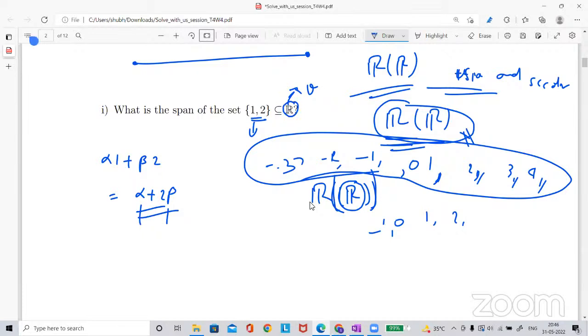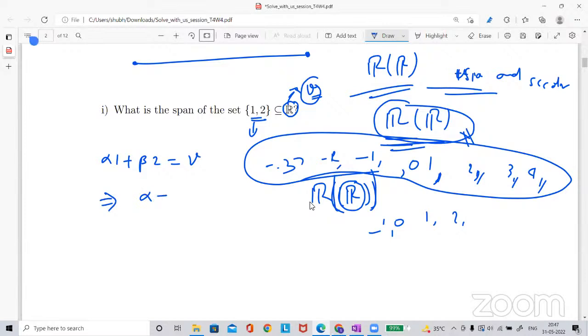I am taking a vector, let's say v, any general vector. And the vectors in this vector space are real numbers, meaning any real number will be v. So let's take alpha times 1 plus beta times 2 equal to v, right? We want to find alpha and beta.